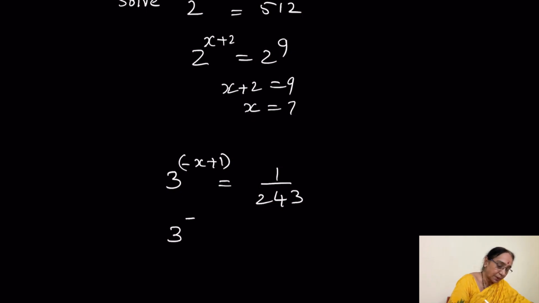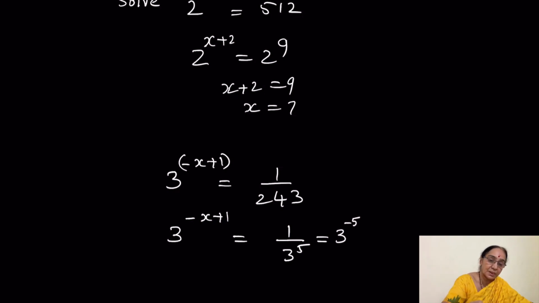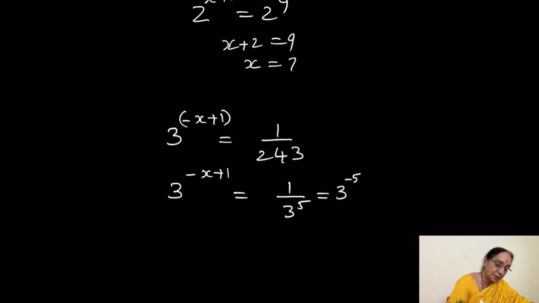So I just said 243 is 3 raised to 5. So 3 raised to minus x plus 1 is equal to 1 by 3 power 5, which can be written with a negative exponent as 3 raised to minus 5. You are shifting the 3 power 5 from the denominator to the numerator. You change the sign of the power. So match the powers now.